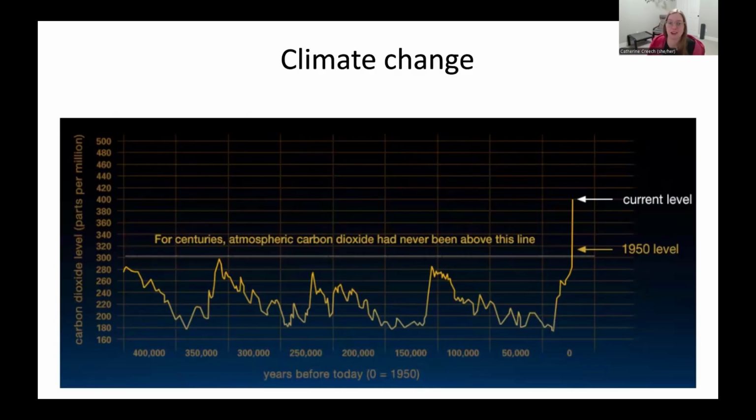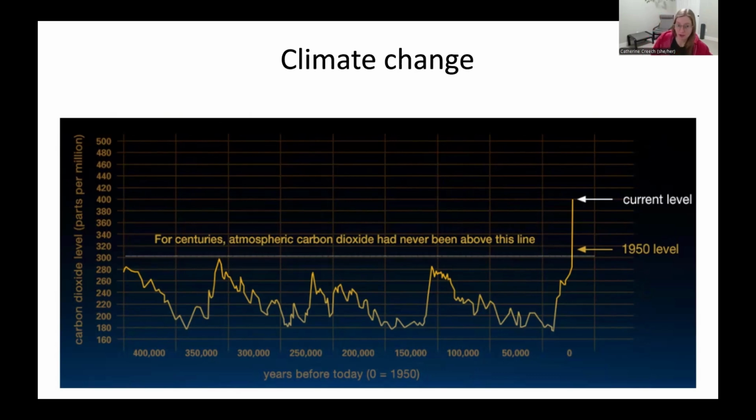Our next cause of loss of biodiversity is climate change. We're going to get into this in more detail later in the term, but just as an overview, we have here on our y-axis carbon dioxide level in parts per million, and on our x-axis, years before today.